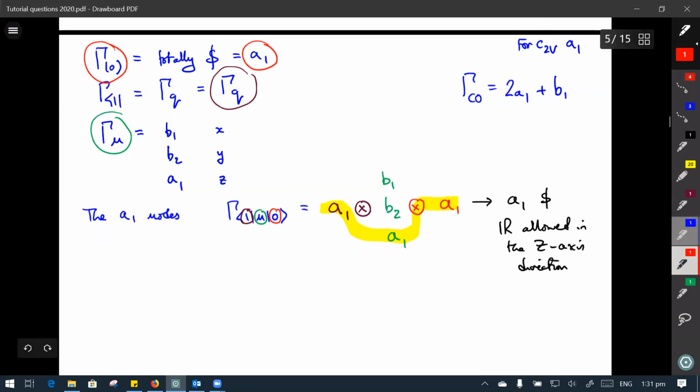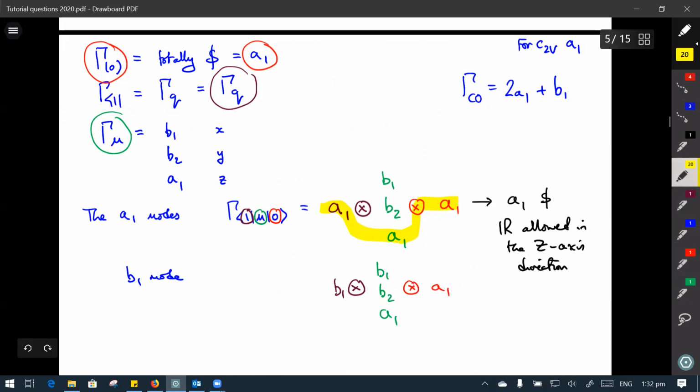Okay, that deals with that mode. If we go to the B1 mode, sorry, there's only one of them, then again we go through exactly the same process. I won't belabor the point, I'll just write down the result. It's going to be B1, times B1 times B2 times A1. That's the symmetry species for the dipole moment operator, and then times A1.